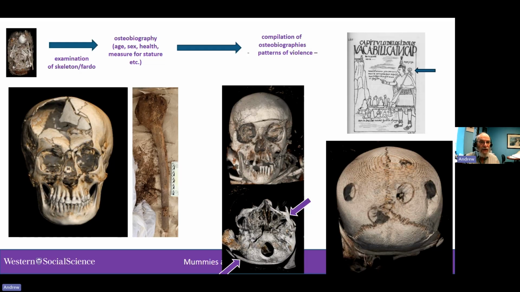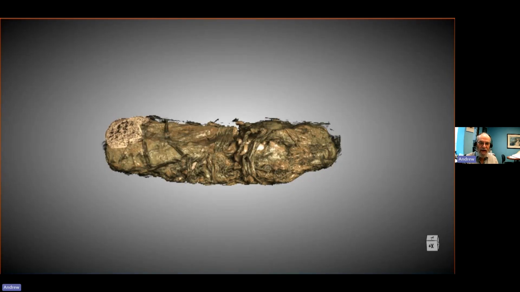So these are individuals where we can't be absolutely sure of the context, but there's probably sacrifice going on here, and this is a pattern that we see in other contexts in other parts of Peru. And so here's that actual bundle.